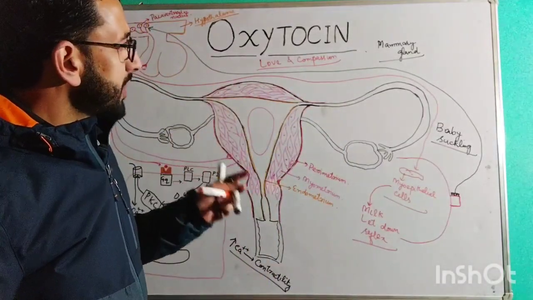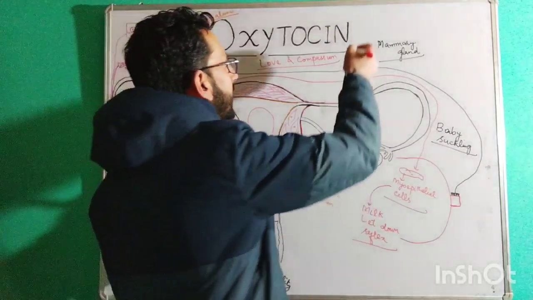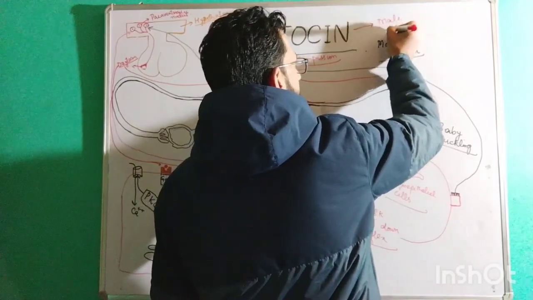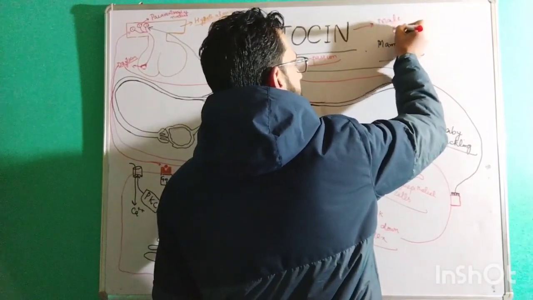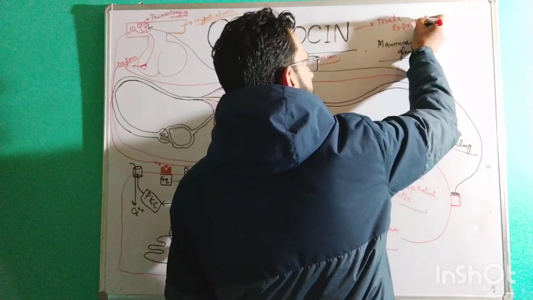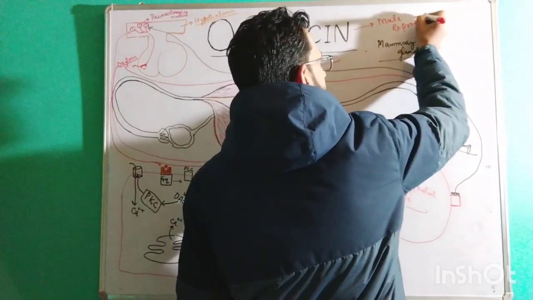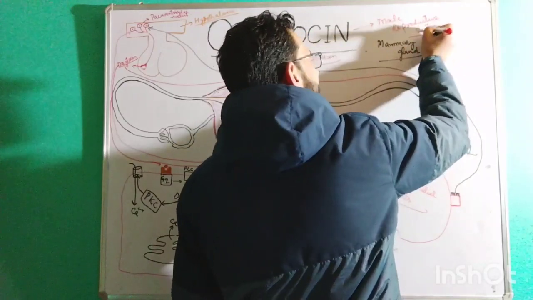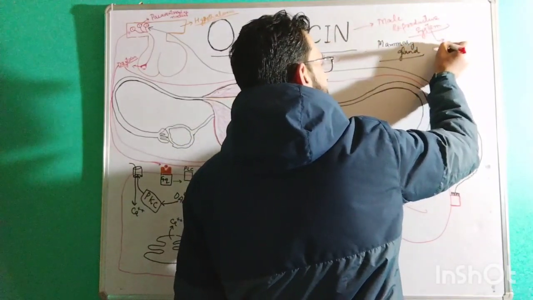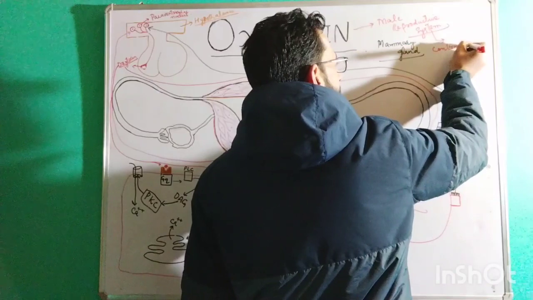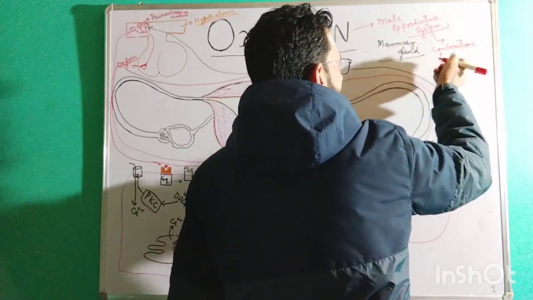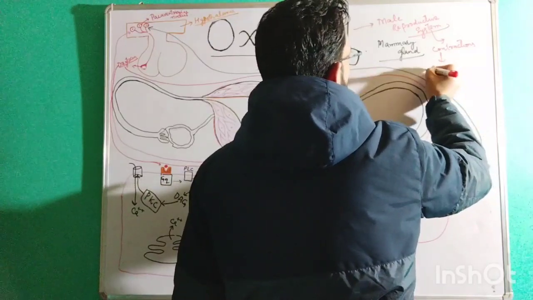Then this oxytocin also has a role in the male reproductive system, where it again leads to contractions, and those contractions help in the ejaculation process.